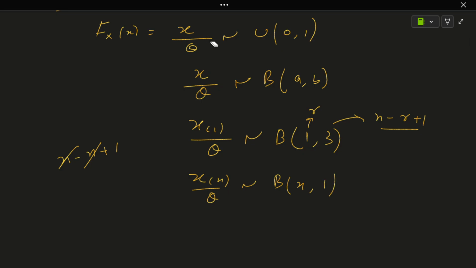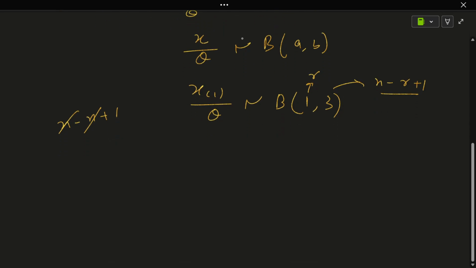But in this question we have to find the expected value of x1 only. Now see, for beta a comma b, the expected value of x is a divided by a plus b.